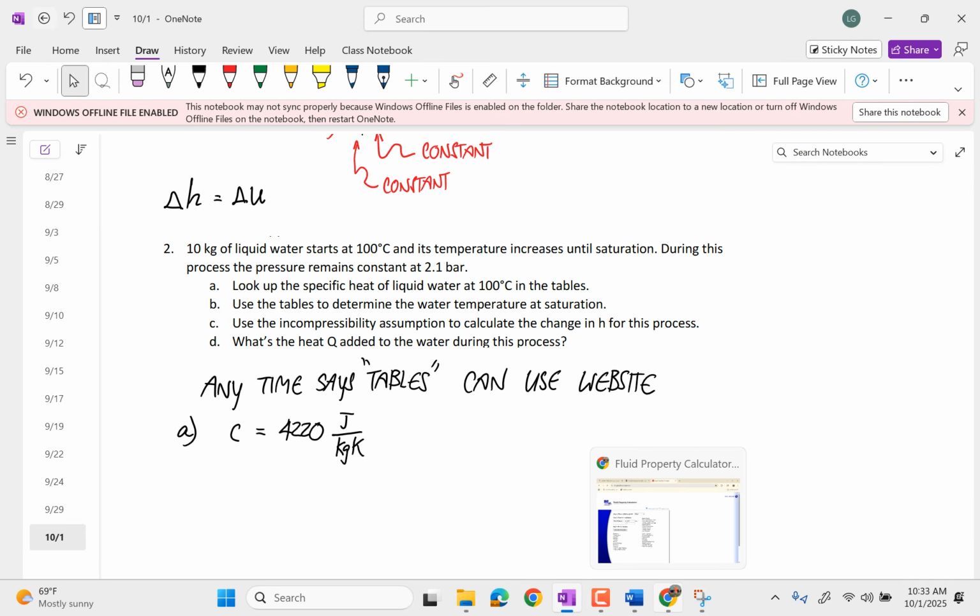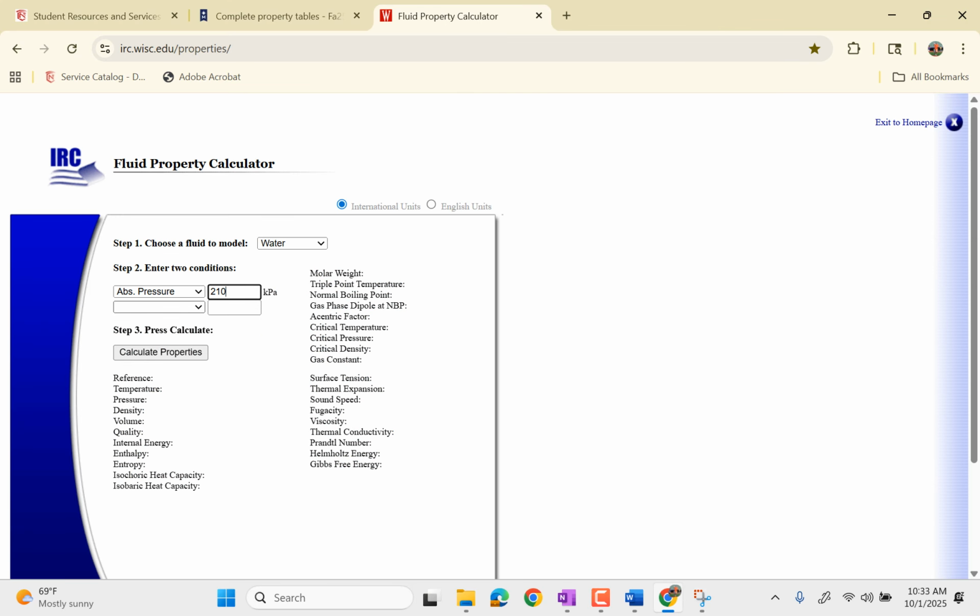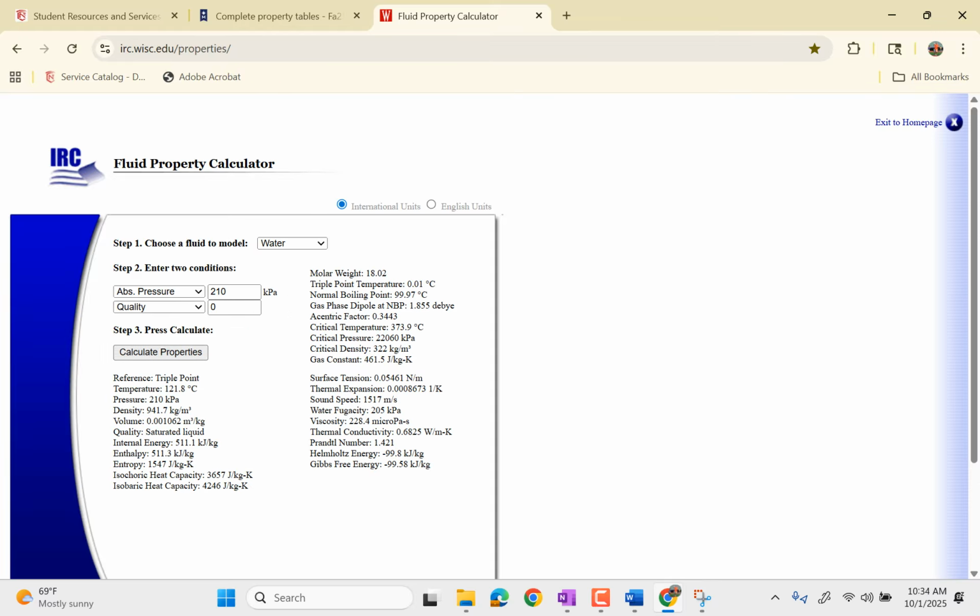Yeah, 2.1 bar. And then for our second condition, we want saturated liquid water, so I'm going to put a quality of 0, calculate the properties, and the temperature is 121.8 degrees Celsius.